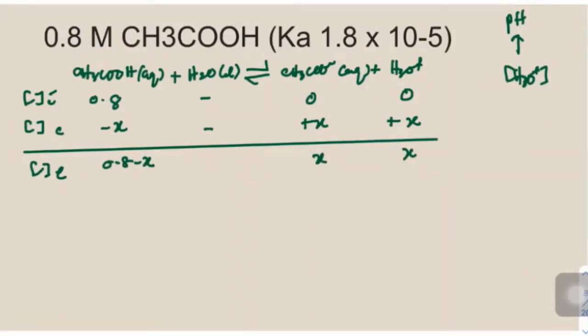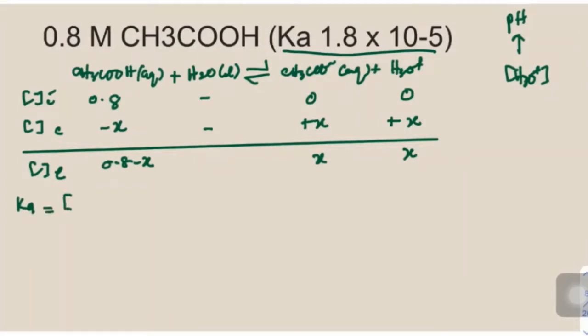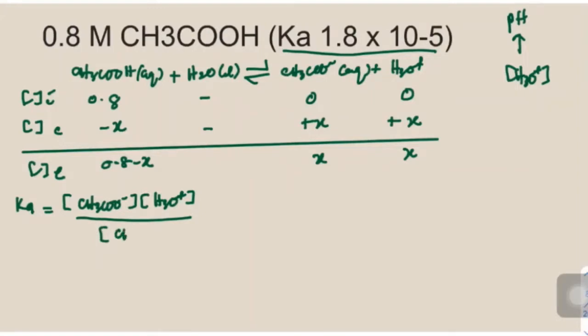So remember, when we want to determine the H3O plus, it means that we have to solve for the X value. And how to solve the X value is by using the Ka that is given, 1.8 times 10 negative 5. So write the Ka expression. It is equal to the concentration of the acetate multiplied by the concentration of the H3O plus over the concentration of the acetic acid.